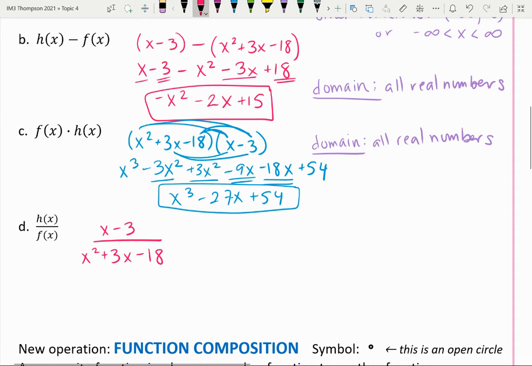Now I can't reduce this until I've put it in factored form. X minus 3 can't be factored. Just a linear expression.